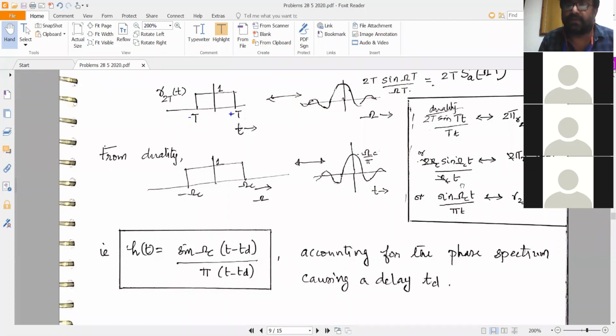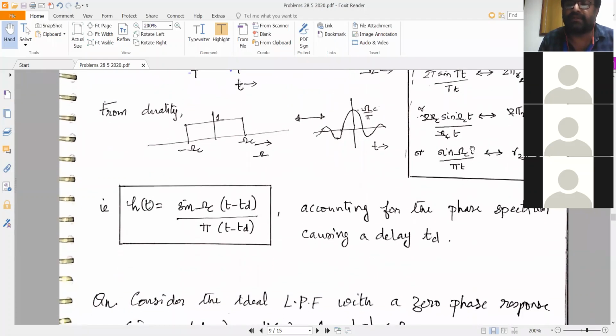So simplifying, sine omega c t by pi t has this rectangular function as its spectrum.